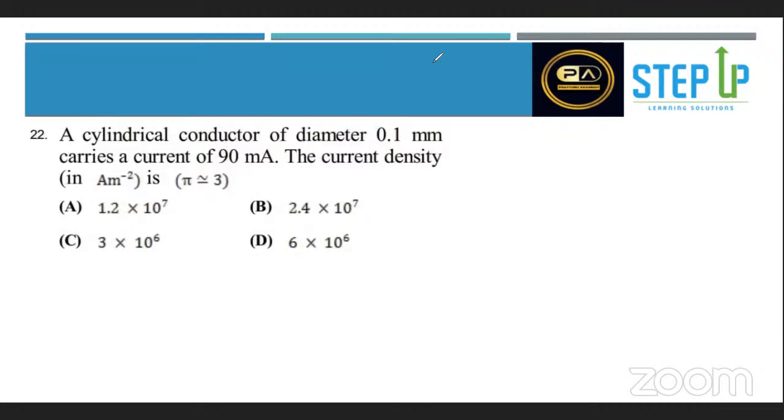If you don't know the formula, current density is current over area, the cross-sectional area.